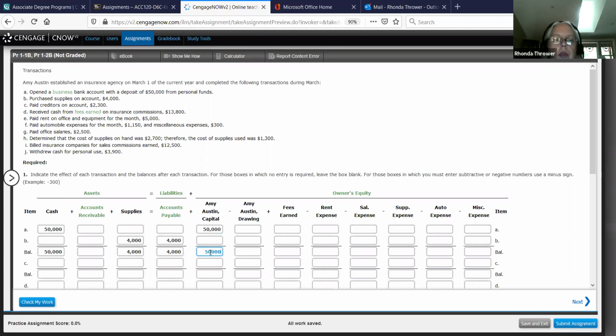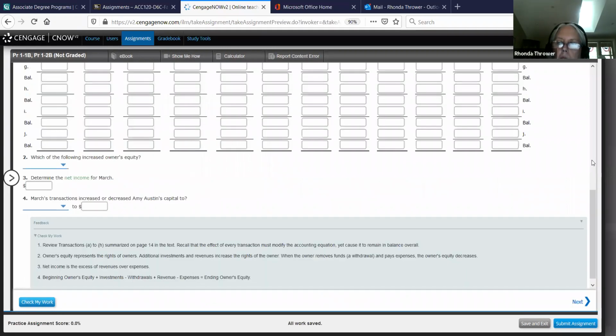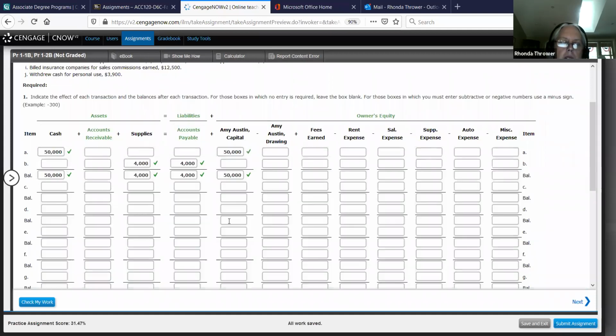You might have noticed down in the bottom corner here, there's a place where you can check your work. I would suggest you use check your work quite often because you want to make sure that all of your amounts are correct. And since we're doing some adding and subtracting in this particular problem, it's always good to know that we're on the right track. So if you want to use check my work, feel free to do that.